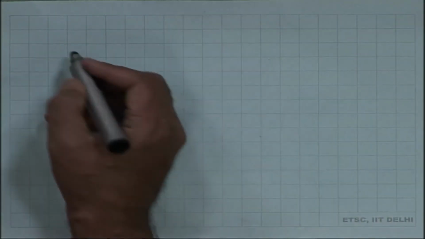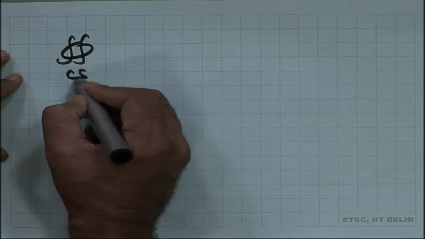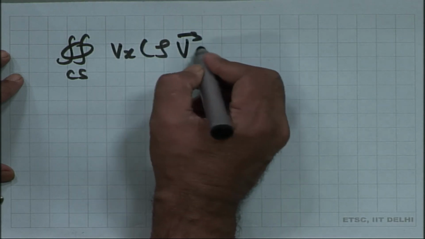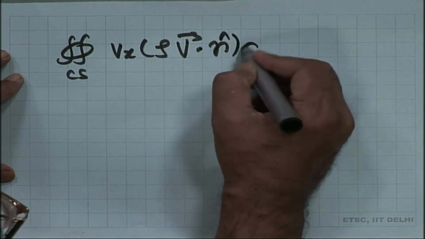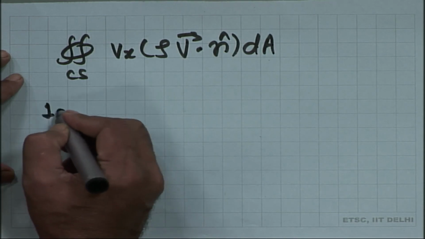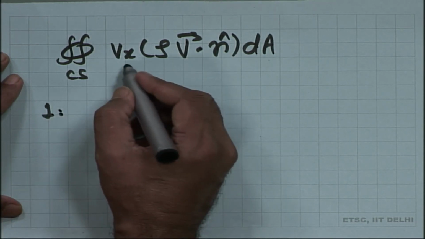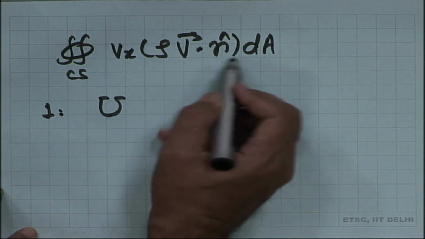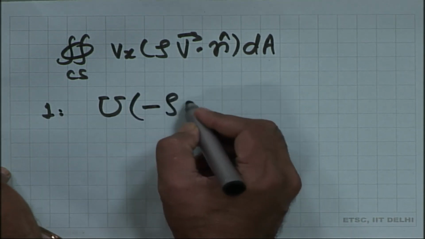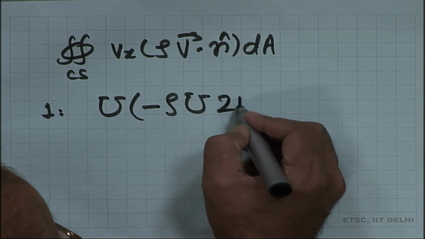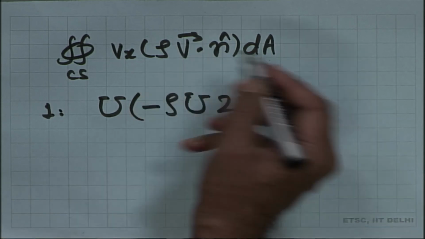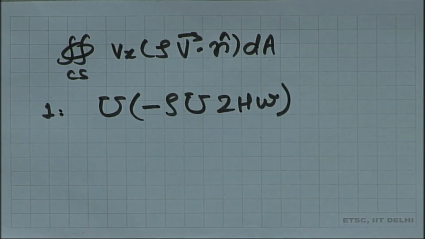So, the integral along the control surface of Vx rho v dot n dA on surface 1: Vx is capital U and rho v dot n dA is minus rho U times 2hw, it is uniform.